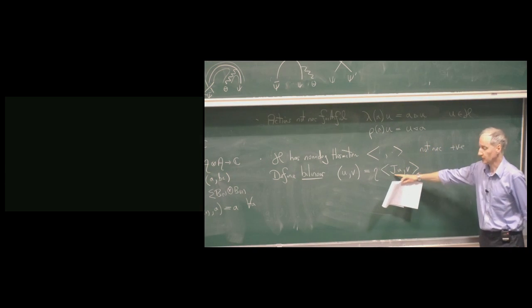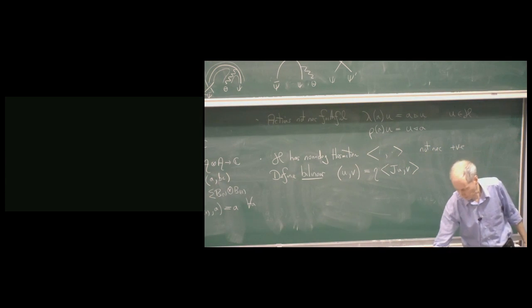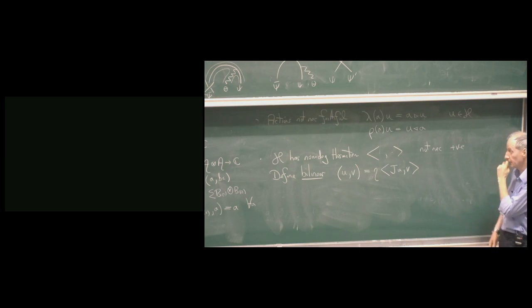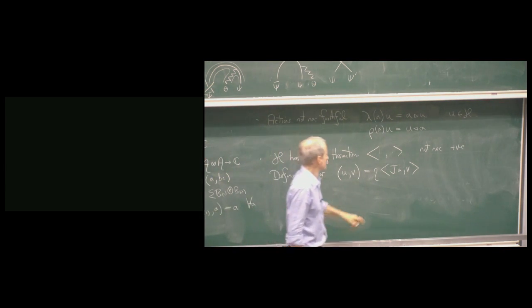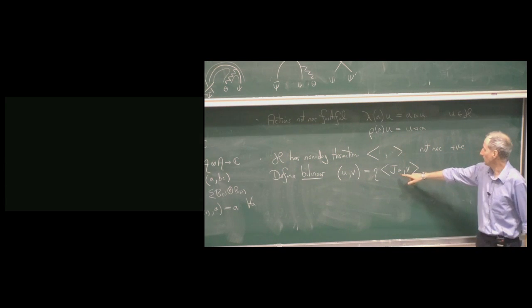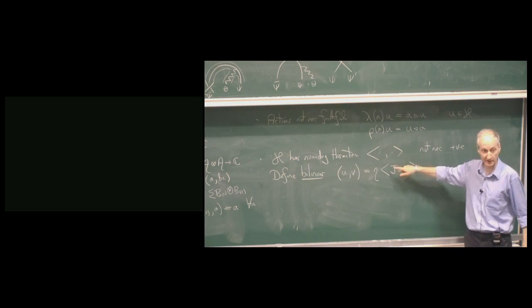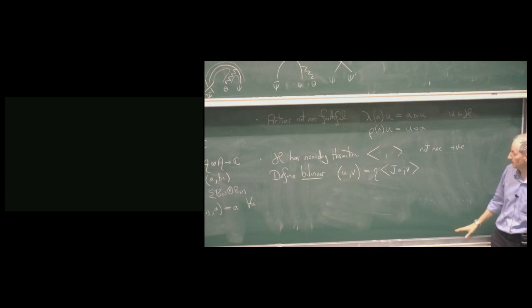J is the real structure for my real spectral triple. I may have forgotten to say that: a finite real spectral triple. Now this gadget is antilinear in the slots, and this thing here is now bilinear.